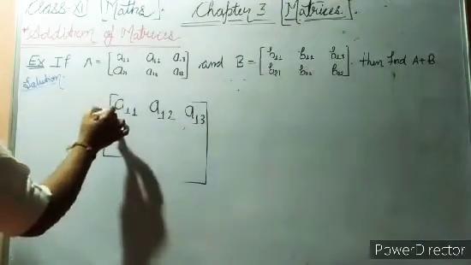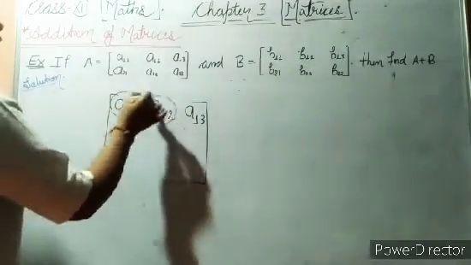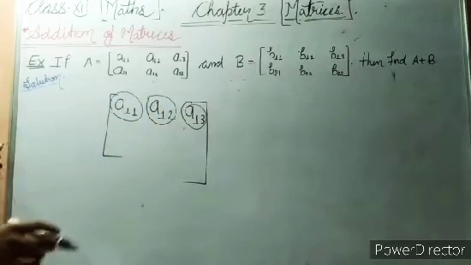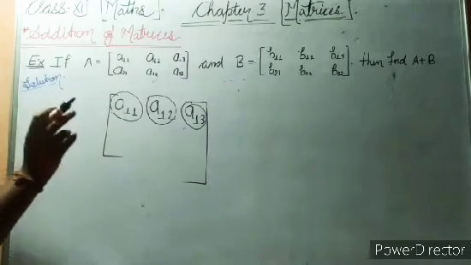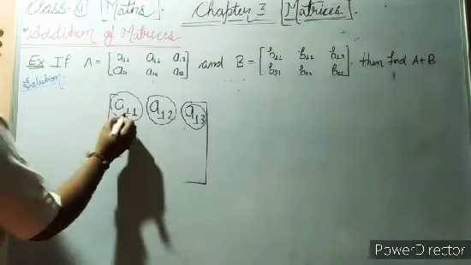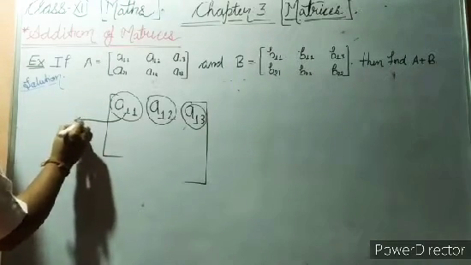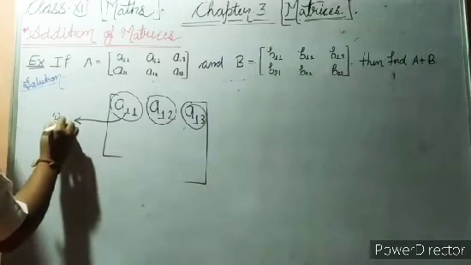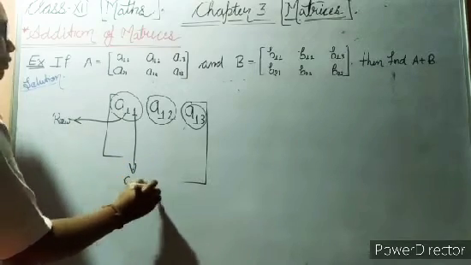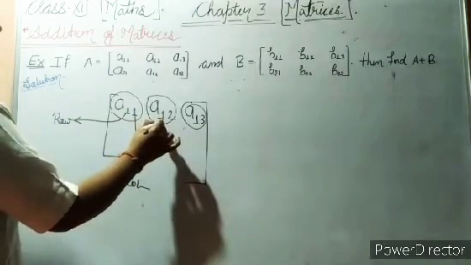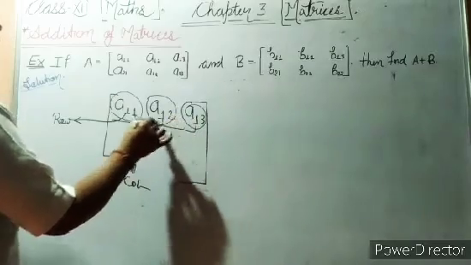What is the meaning of A11, A12, A13? If you studied the earlier video, then you understand what this is. But if you are starting today, this is the meaning: this is for row and this is for column.